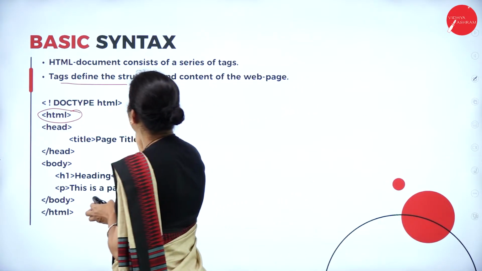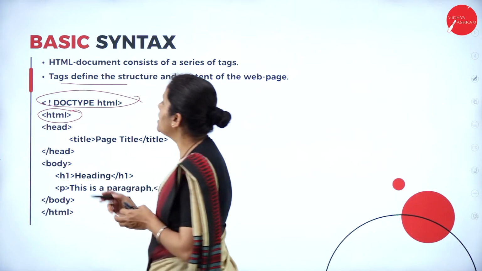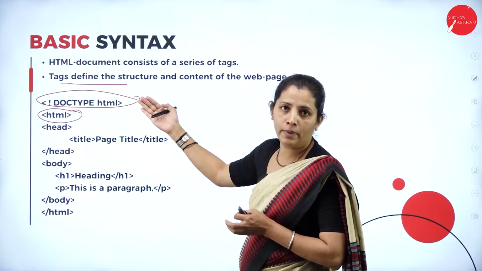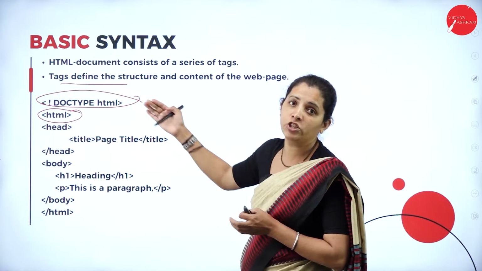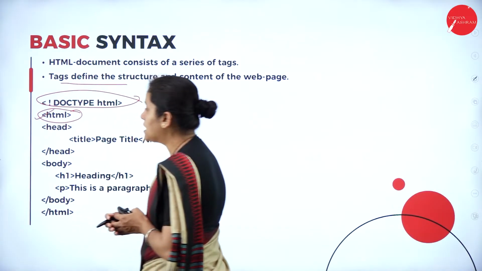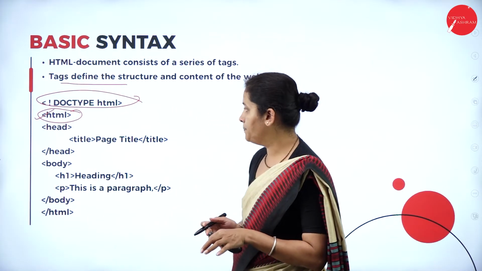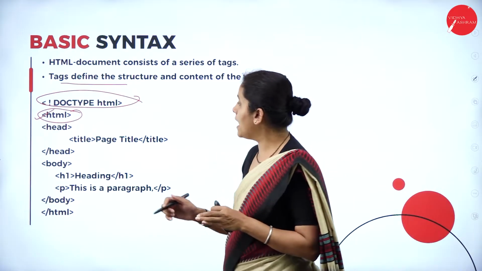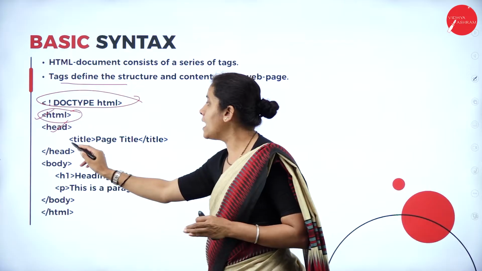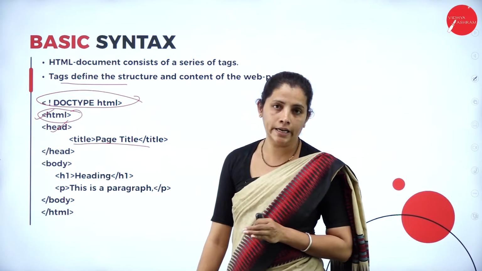Now see here, document type HTML. It tells what kind of document it is, what is the version of HTML I'm using. Now, the HTML starts from the HTML tag. Okay, inside that, I have the head tag. Inside the head tag, I'm going to write the title tag.